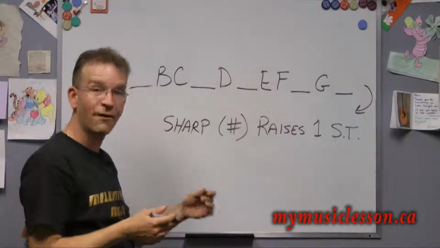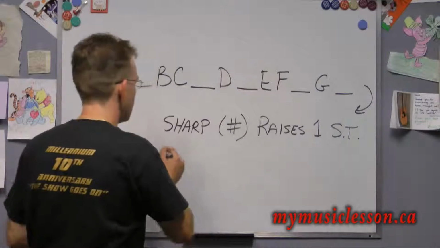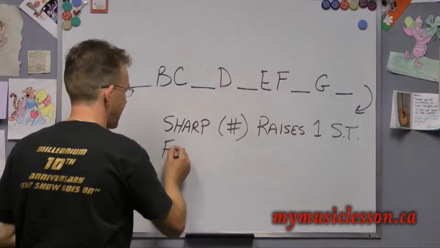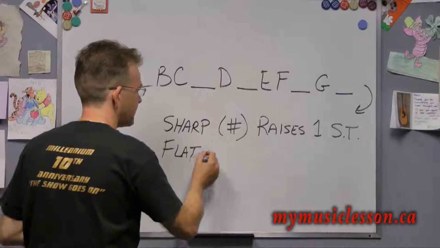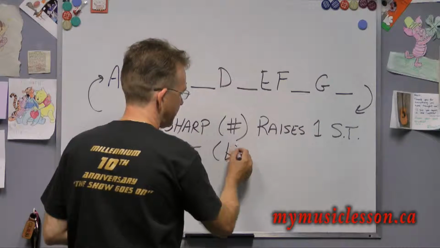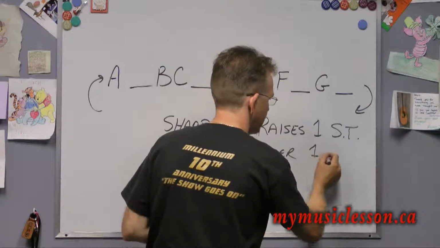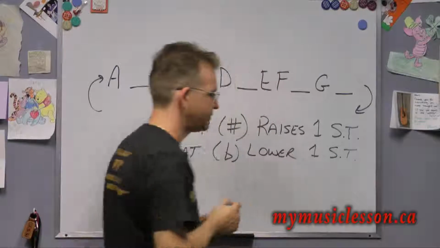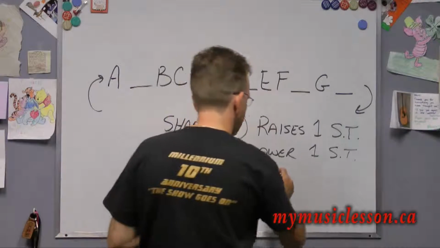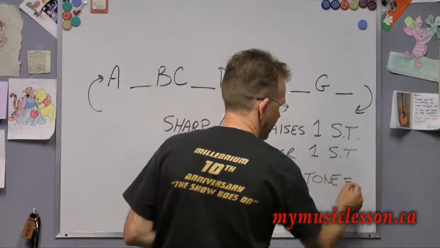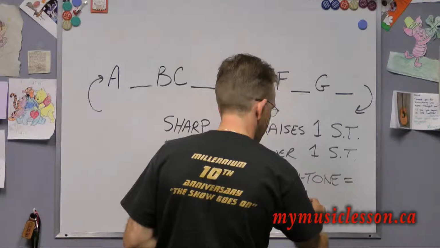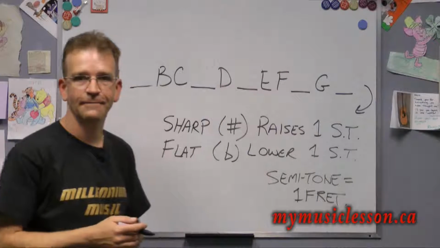It's the equal of one fret on the guitar. We also have what we call flats. They look sort of like a small b. They do the opposite. They lower one semitone. Again, a semitone is the same thing as moving one fret on the guitar.